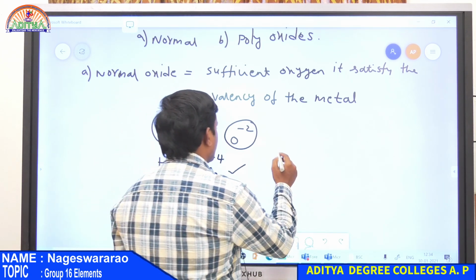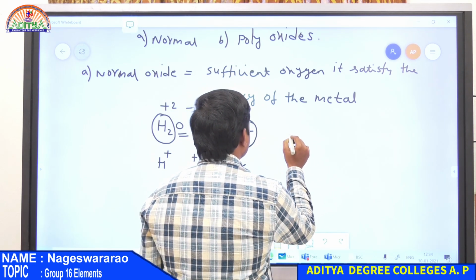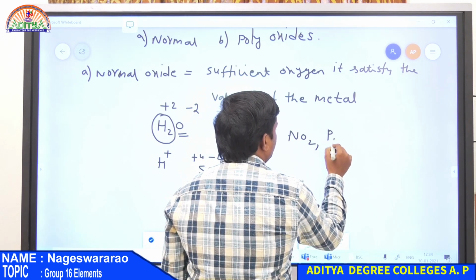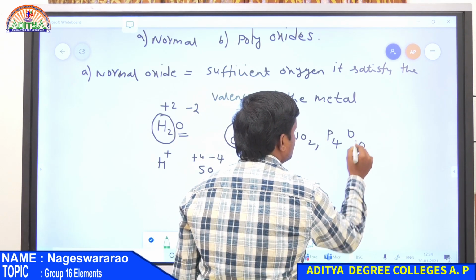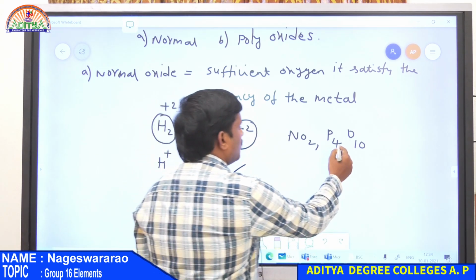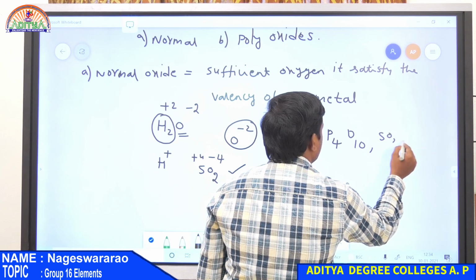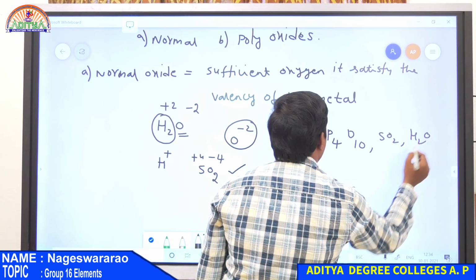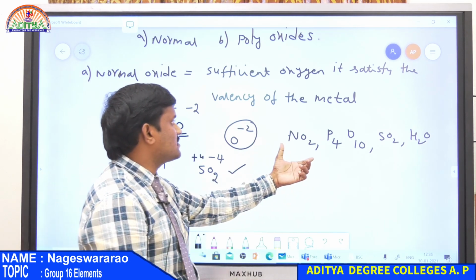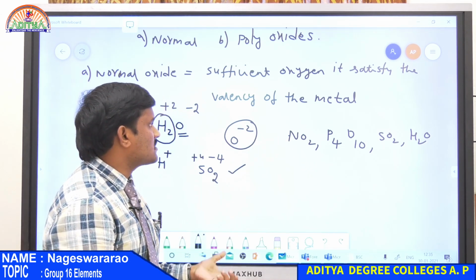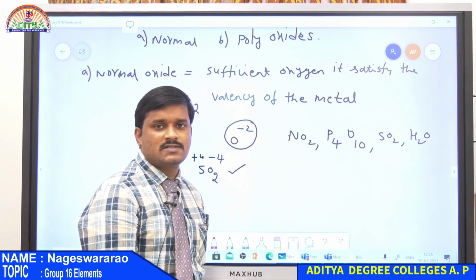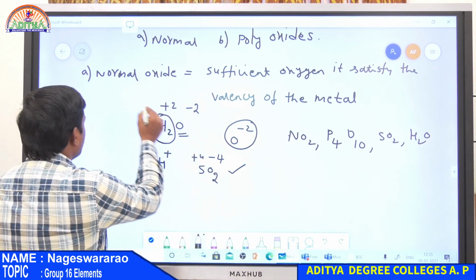General examples of normal oxides are NO2, P4O10, which is phosphorus oxide, SO2, and H2O. All these are examples of normal oxides. In all these cases there is sufficient oxygen and the valency of the metal is satisfied by the oxygen. So this is all about normal oxides.